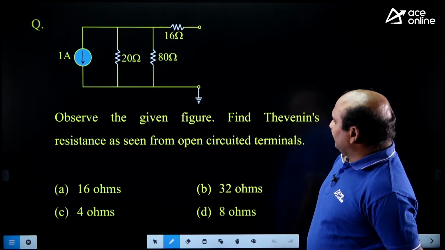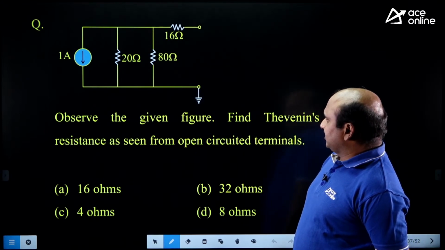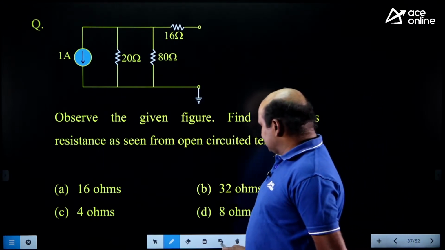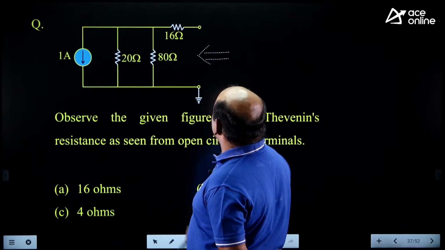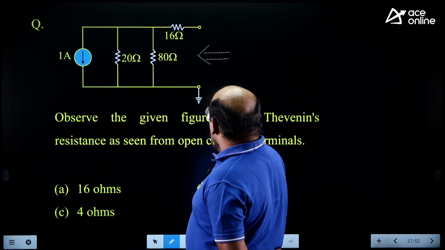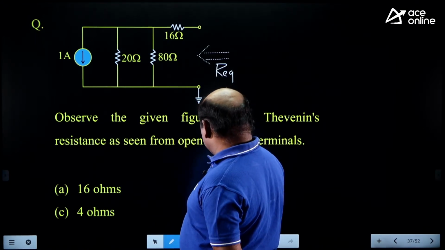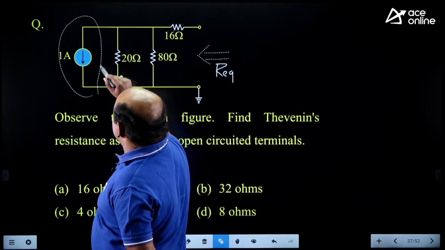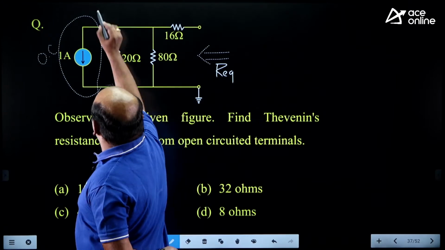Observe the given figure. Find the Thevenin's equivalent resistance seen from the open circuit terminals. Very good. What are the open circuit terminals? We should consider R equivalent here. How do you consider it?